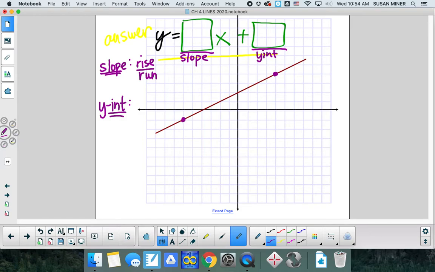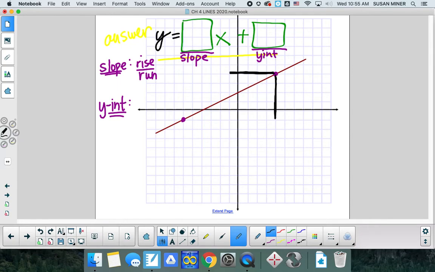They have to be points where my x value is a whole number and my y value is a whole number, right? I can't pick a point in here because then my x value is not right on one of these grid marks. It's kind of a fraction in the middle, and I don't want to pick a number that's a fraction.